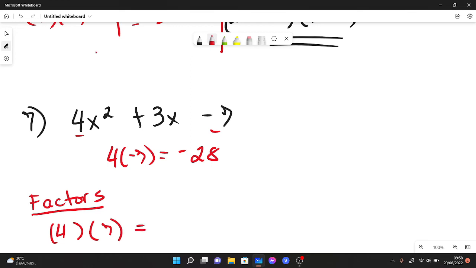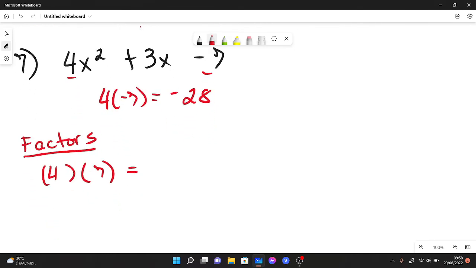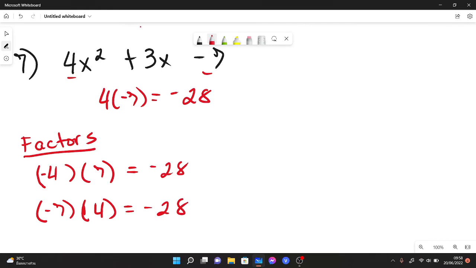So 4 times 7 is positive 28. Now, since this is negative, one of them must be negative also. Let's say negative 4 times 7 is negative 28, and then negative 7 times 4 is negative 28.